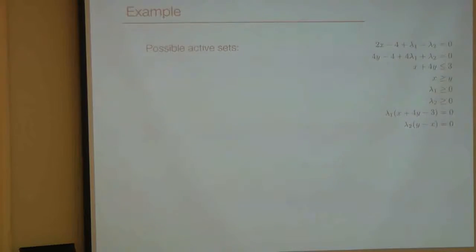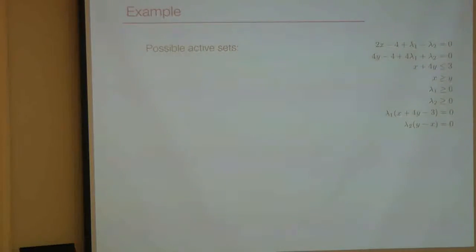We have two optimization variables, meaning we can have either no constraint active, exactly one constraint active, or exactly two constraints active, right? Because we have two optimization variables, having exactly 3 constraints active cannot happen because, well, it could if the constraints are linearly dependent.